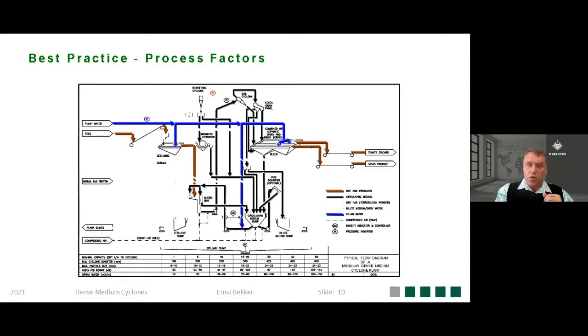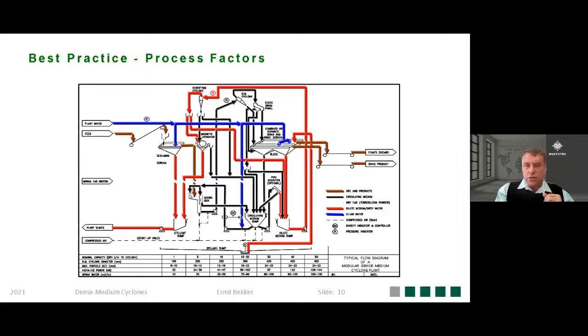You've got your water addition circuit. You've got your dilute media circuit. That's where the media and the water have been mixed, and you need to recover it. And then you've got your fresh medium addition, which can be ferrosilicon in this example or magnetite.